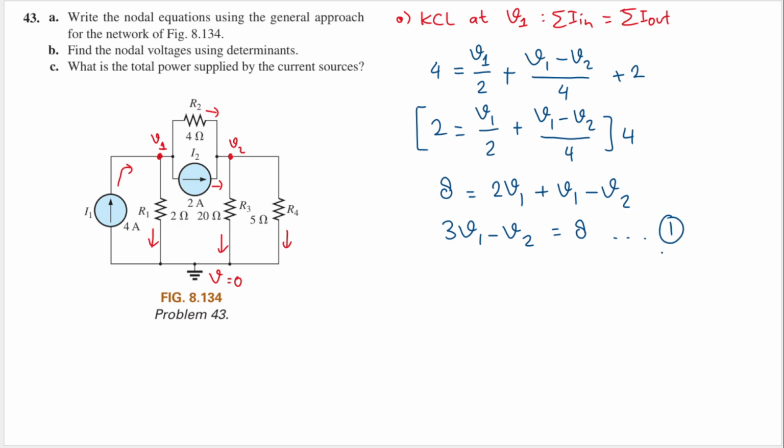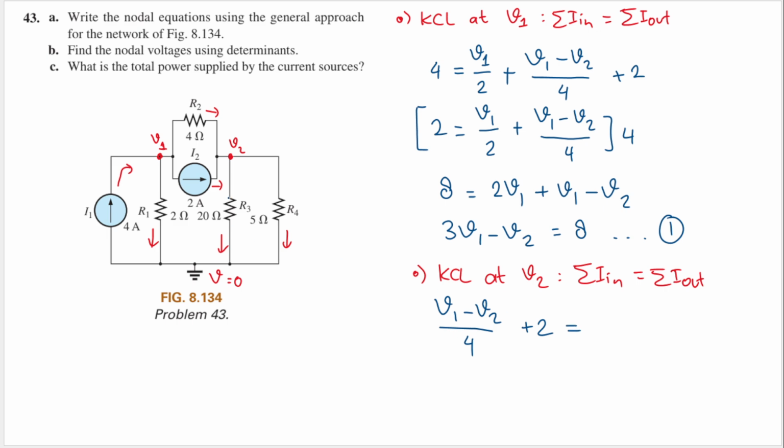Now let's do another KCL, this time at V2. Again, KCL says that the sum of the current that goes in will equal the sum of the current that goes out. There are 2 currents that go in: V1 minus V2 divided by 4, and then plus 2.